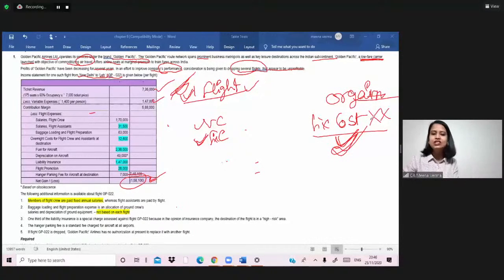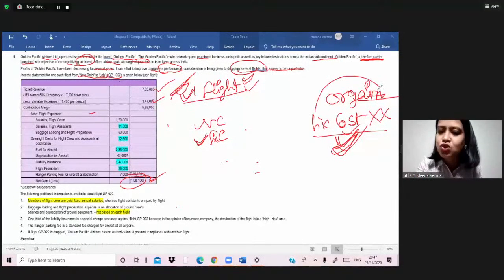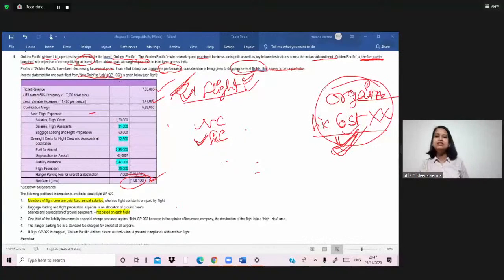This is fixed in nature. The running of this flight will not affect these fixed costs. You are running one flight, two flights, 10, 100, 200 flights, no matter. This fixed cost of the organization will remain the same.